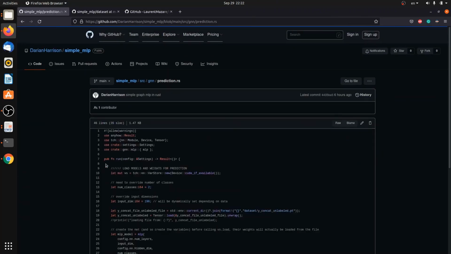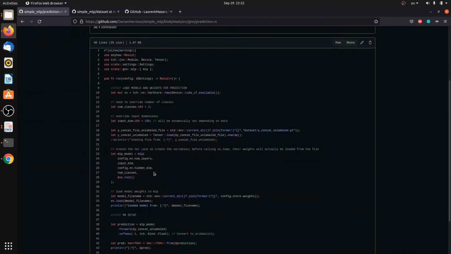And how do we predict? For prediction, we set the structure of what the neural network is going to look like, which has to be the same structure as we defined earlier.